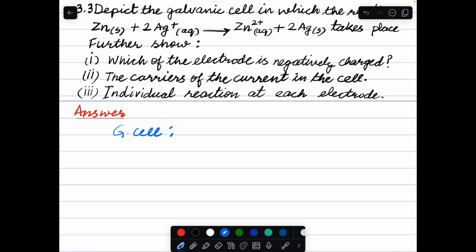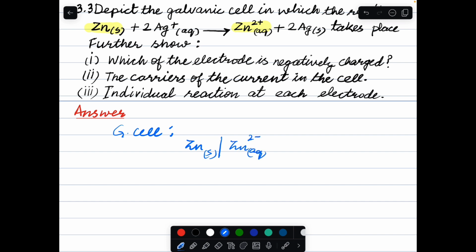In this case, the anode is this one. Zinc is getting oxidized to Zn2+, and the anode is that electrode on which oxidation is taking place. So we will write it here: zinc from solid state is going to the aqueous solution in the form of the zinc Zn2+ ion.